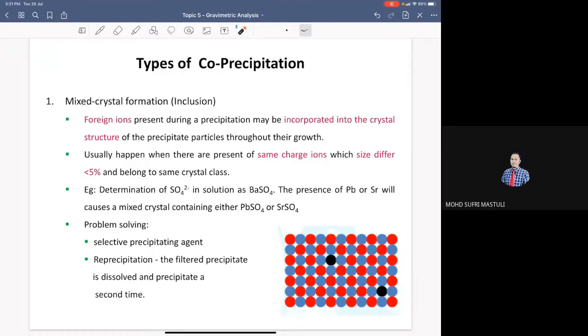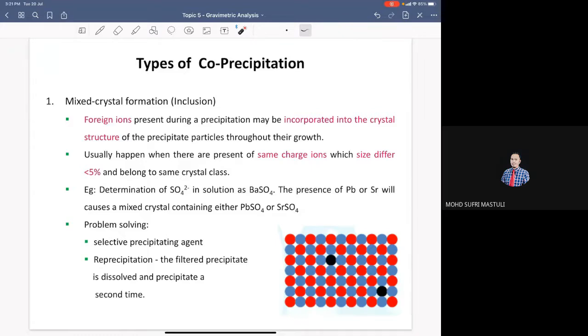The presence of lead, Pb, and strontium, Sr, can cause inclusion and mixed crystals. So it can be PbSO4 or it can be SrSO4.